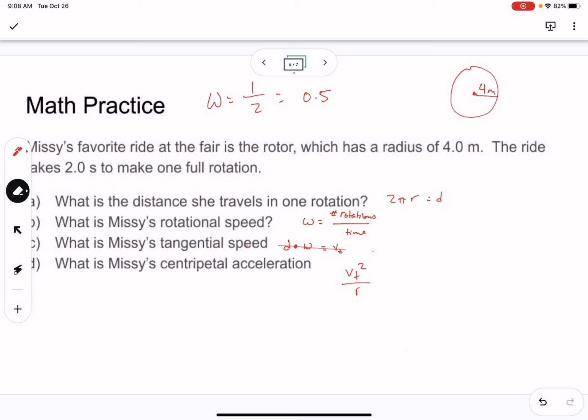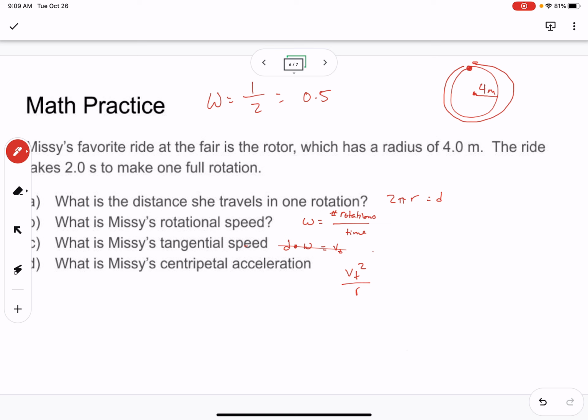If we remember, distance is going to be equal to the circumference. So to make 1 full rotation, she's going to go the same distance as the circumference. So distance equals 2 pi r.